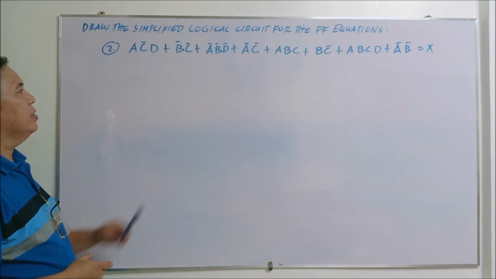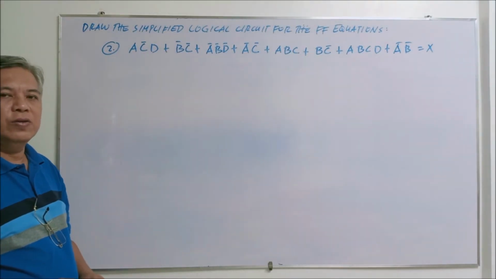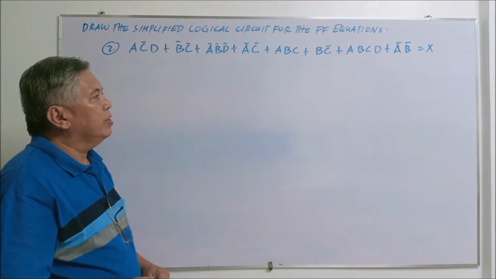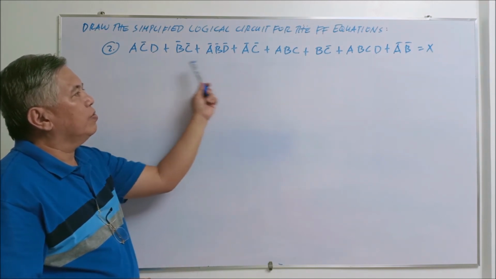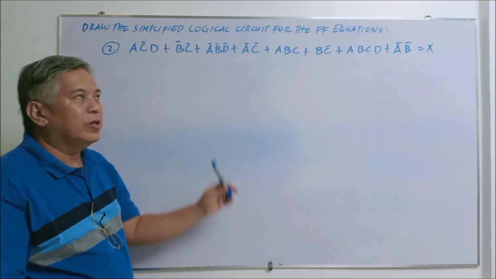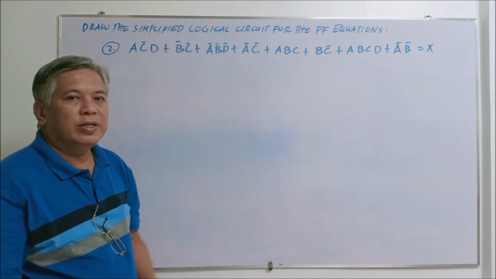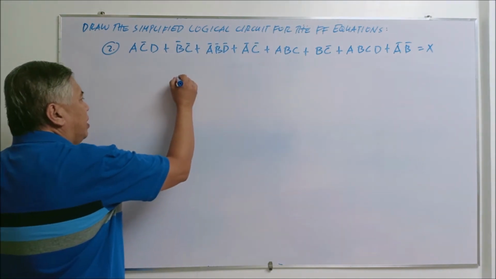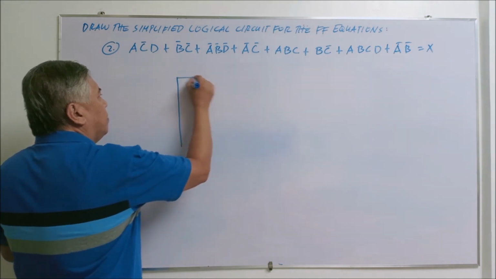Another example is this particular equation. We want to determine the simplified logical equation of this particular equation and then draw its simplified logical circuit. So again, we make a map equivalent.